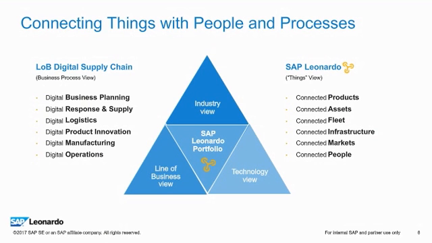The one is the connected view on the right, and the other view on the left is what we call powered by SAP Leonardo view. This view is about how to make existing business applications run better by utilizing IoT and other related technologies. In other words, powered by SAP Leonardo. Depending on the customer situation, one of these 2 views will apply.